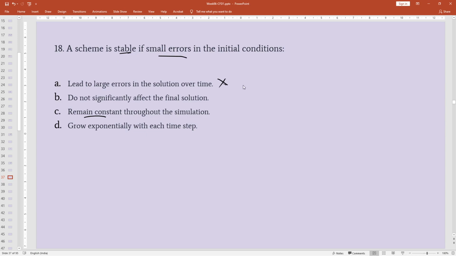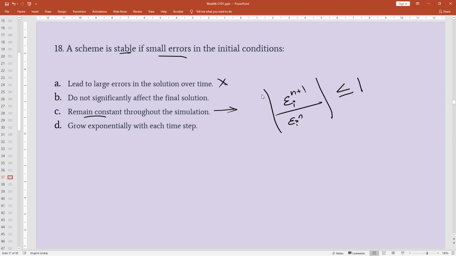If you remember the stability criteria, epsilon i of n plus 1 divided by epsilon i of n, that is, the error in the n plus 1th time step divided by the error in the nth time step, should be less than or equal to 1. Option C gives an equality condition, that it should remain constant, but the stability criteria is that it should be less than or equal to 1.